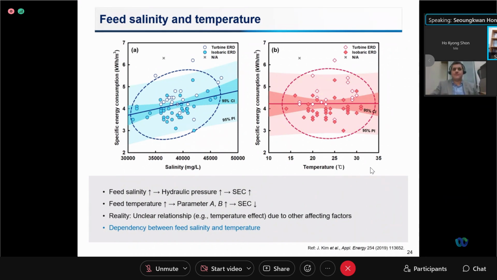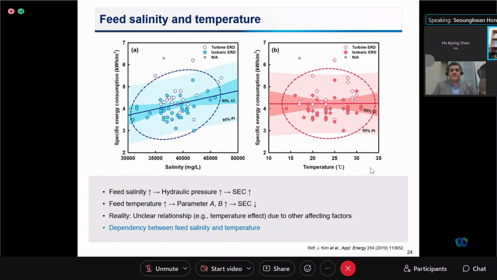As feed salinity increases, more hydraulic pressure is required to overcome the osmotic pressure of high saline water. Thus, SEC increases with increased salinity, as shown in the diagram on the left. Furthermore, SEC decreases with increasing temperature, as expected from fundamental theory of the osmotic membrane process.